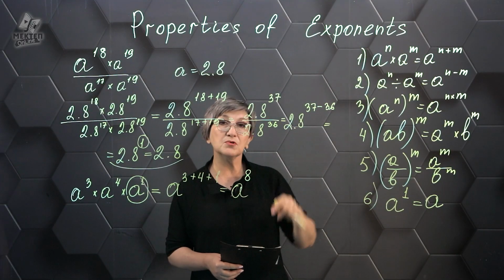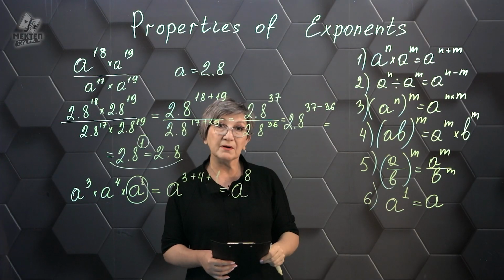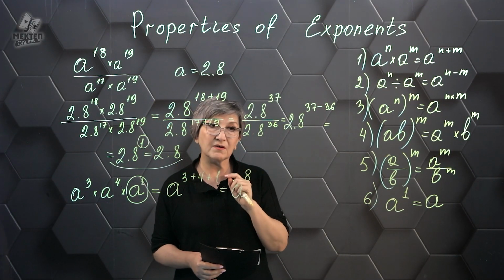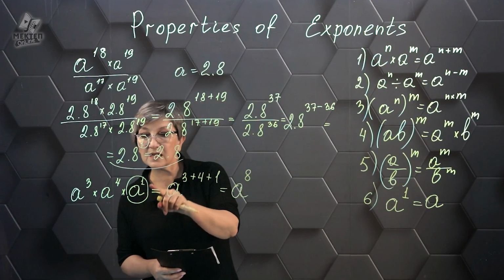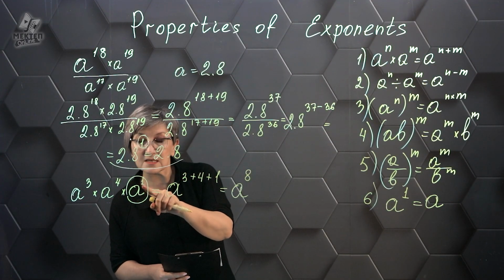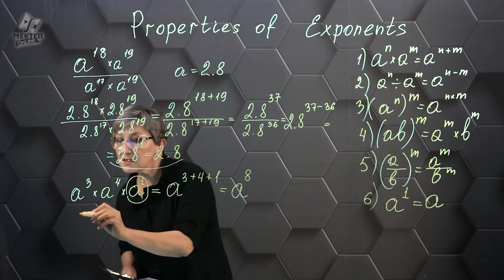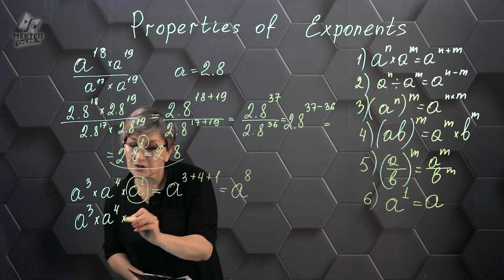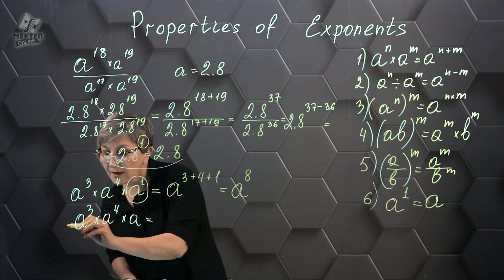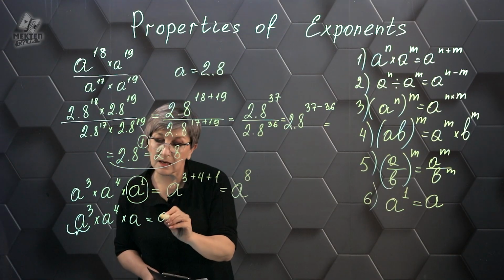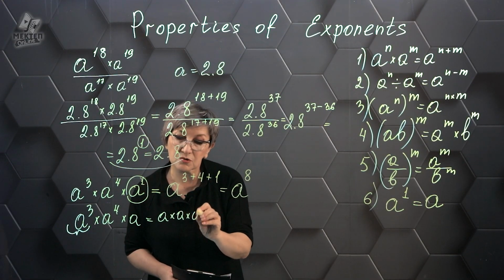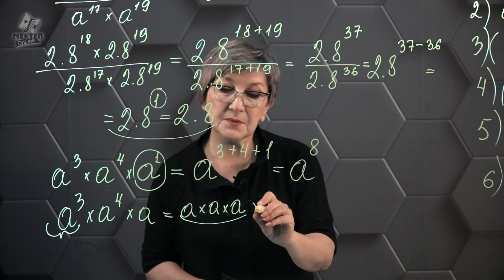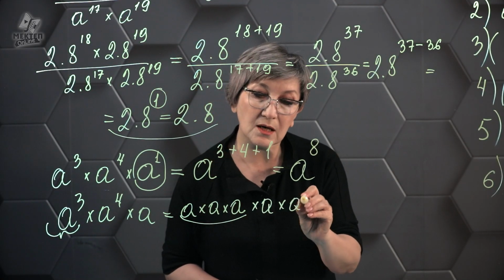We used our properties to solve this example. Let's check: are we correct in determining the degree of the third multiplier? Does it really have a degree equal to 1? If we use the definition of the degree of a number, then a to the power of 3 is a times a times a, and a to the power of 4 is a times a times a times a.